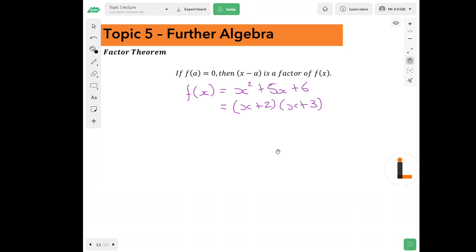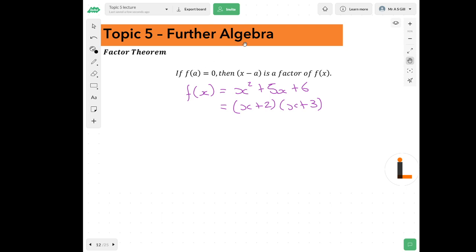And then what this is saying is that if we were to substitute in the negative of either of these two values in our bracket here, we would get 0. Our function would become 0. So this is what this bit here means.